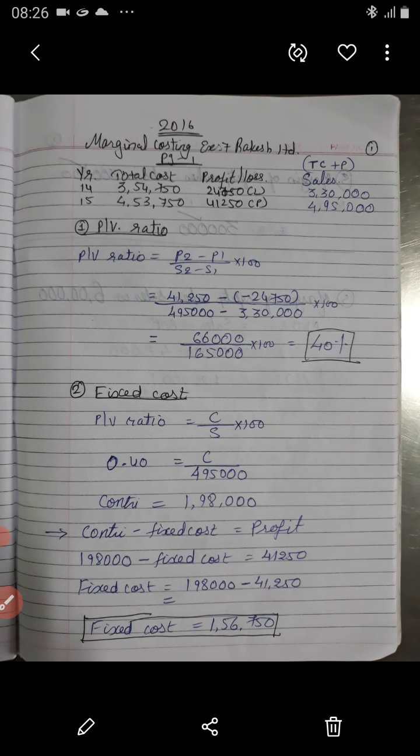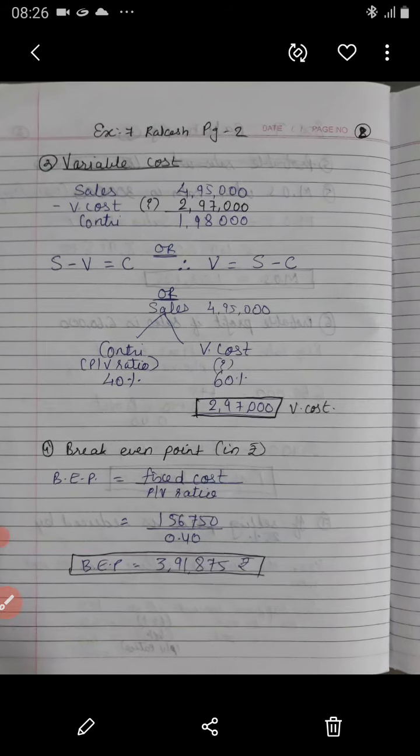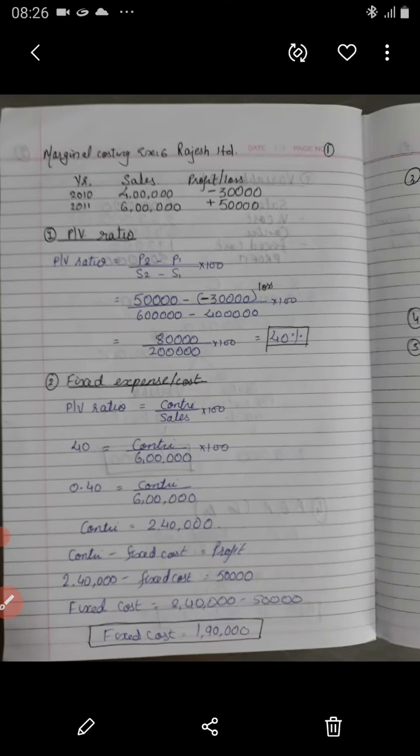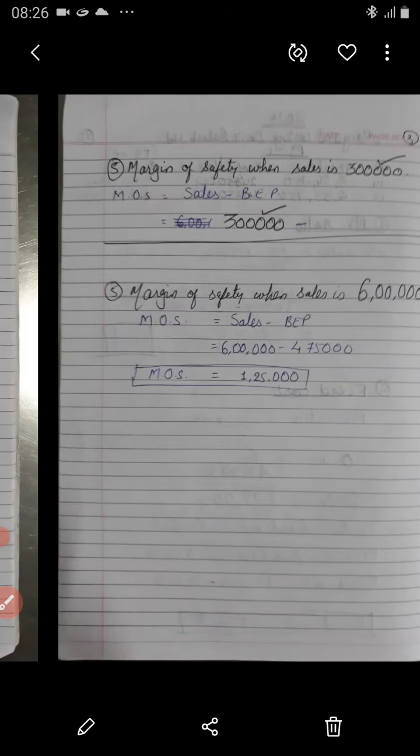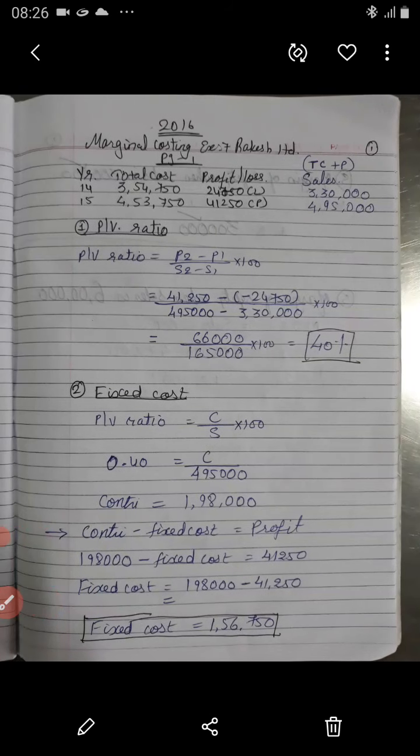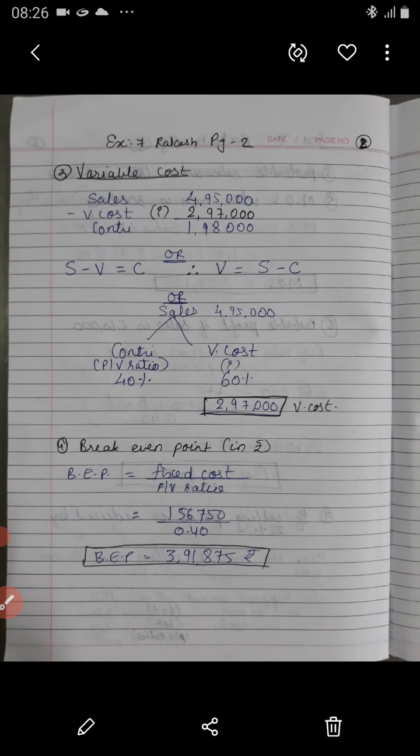Next, example number 7, page number 1. Example 7, page number 2.